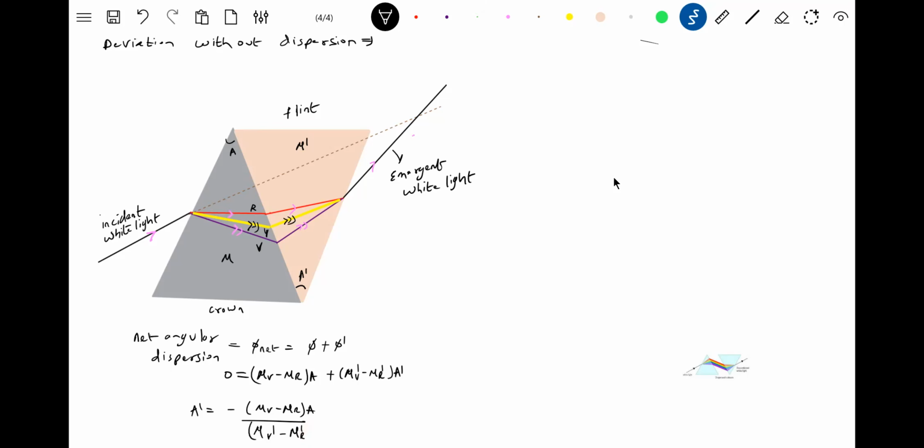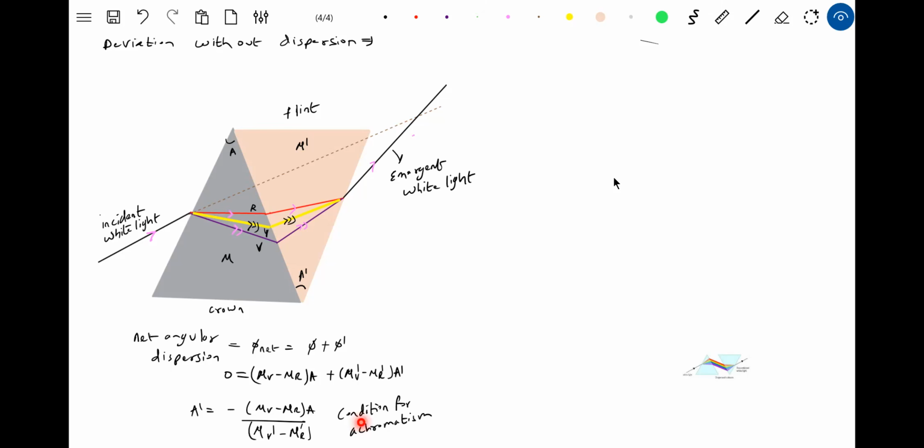So for combination for achromatism, what we call achromatism. So this is called an achromatic combination. Achromatic means I should not get any colors here. Condition for chromatism means there will be color.